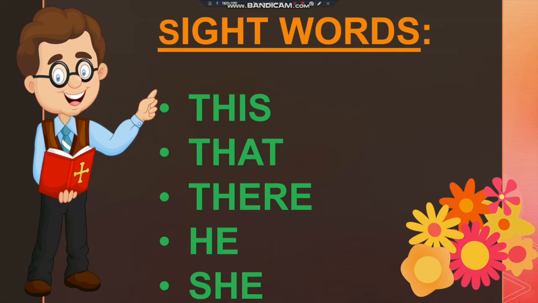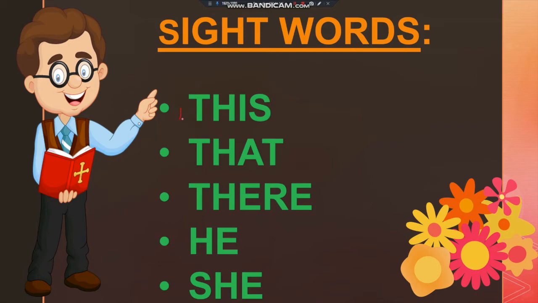This is my book. If it is something far away, the next sight word is that, T-H-A-T. That is my pen. That is my book. The next sight word is there. There is my pen. There is my book.